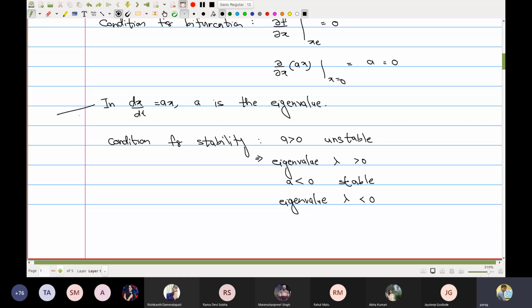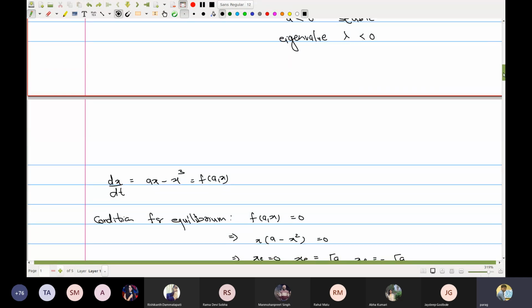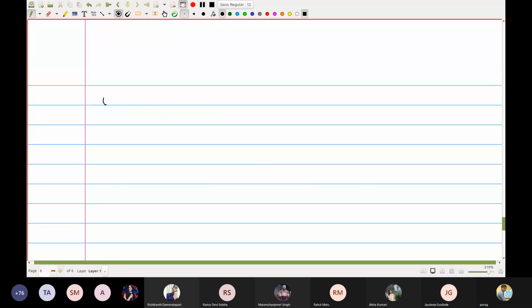So what will you do, or how would you determine the eigenvalue of a system which is multidimensional? This is the question: how would you determine the eigenvalues for a higher order system?